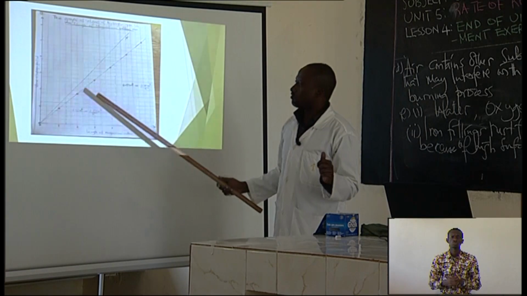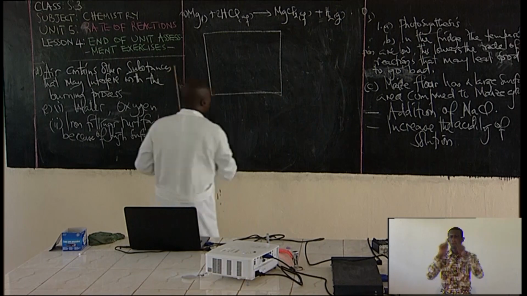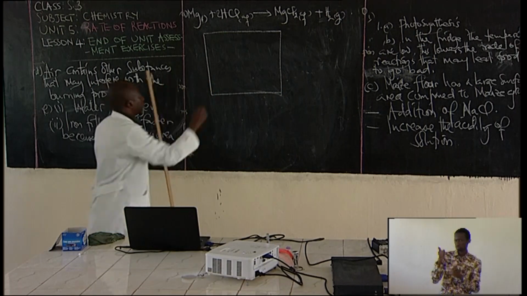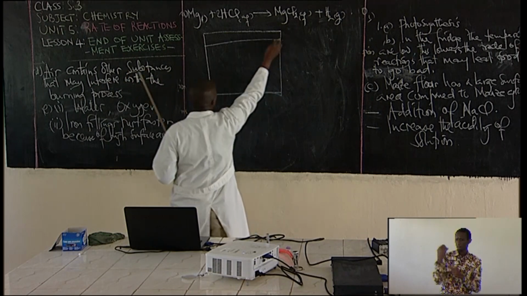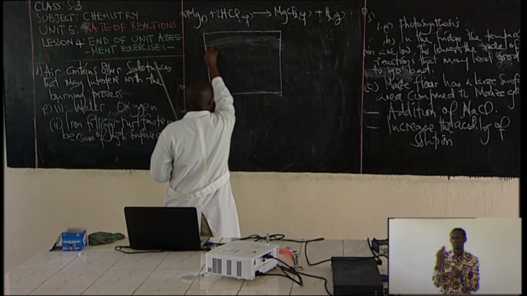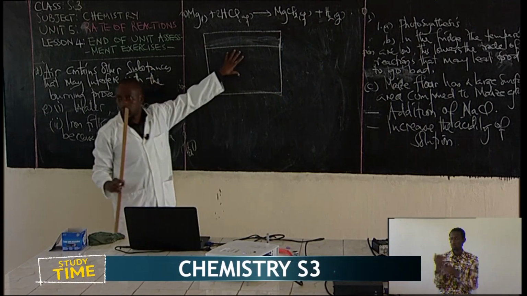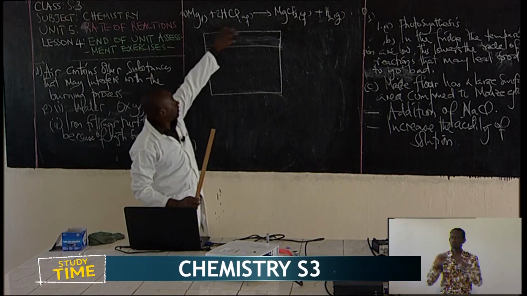Make sure whenever you are drawing the graph, your graph covers at least 3/4 of the paper. If I divide this paper into 4 equal parts, the graph should take 3/4.